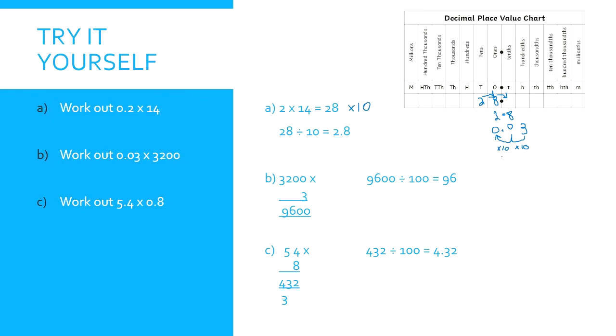So, because I have multiplied by 100, in order to find the true answer to 3,200 divided by 0.03, I need to do my inverse and divide my answer of 9,600 by 100. As a result, I get the number 96.